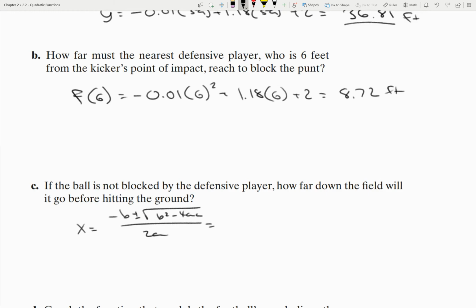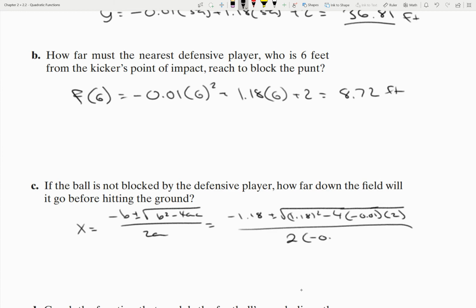Okay, so we're going to plug this in. So we get negative b, so it's negative 1.18 plus or minus the square root of 1.18 squared minus 4 times a, which is negative 0.01, times c, which is 2, all over 2 times negative 0.01.